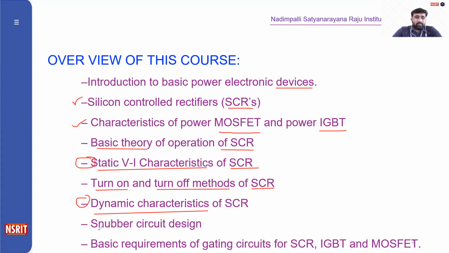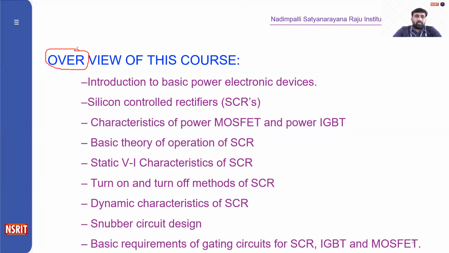Then what is a snubber circuit and the design of a snubber circuit. Then finally we would like to introduce the basic requirements of gating circuits for SCR, IGBT, and MOSFET. So this is the overview of this course.